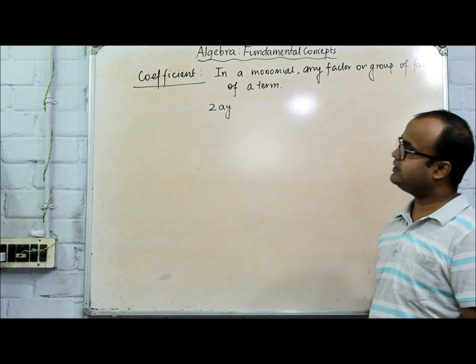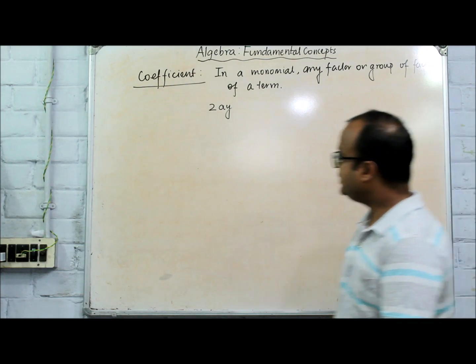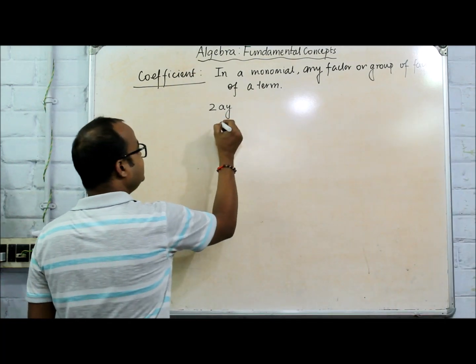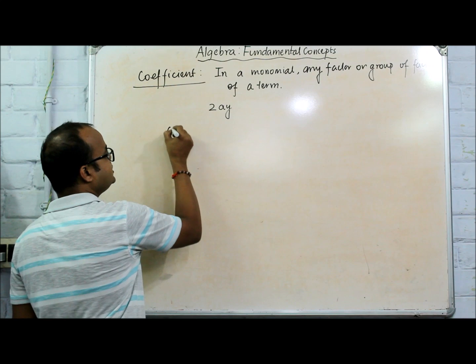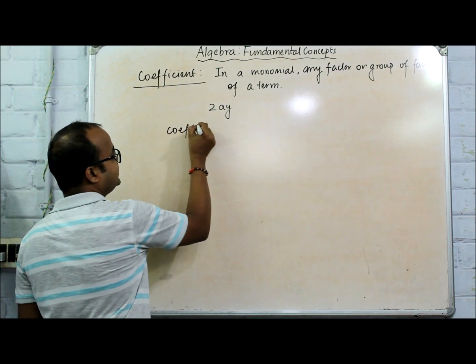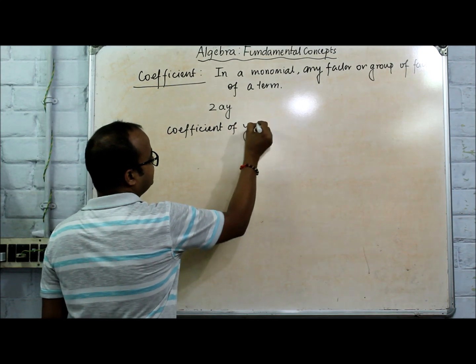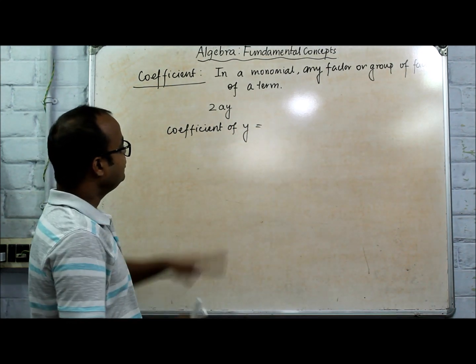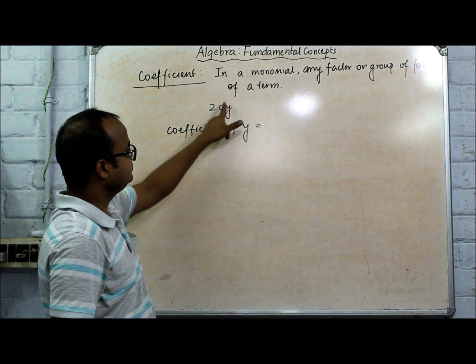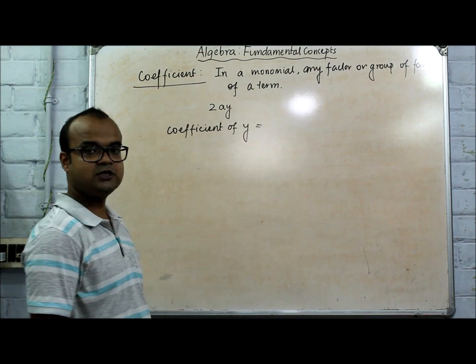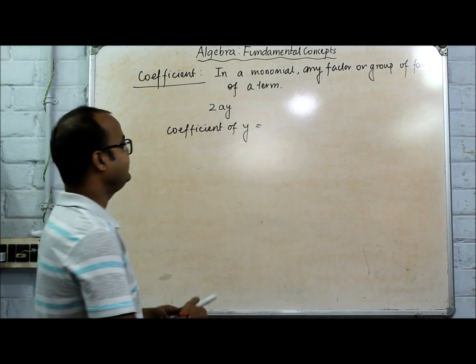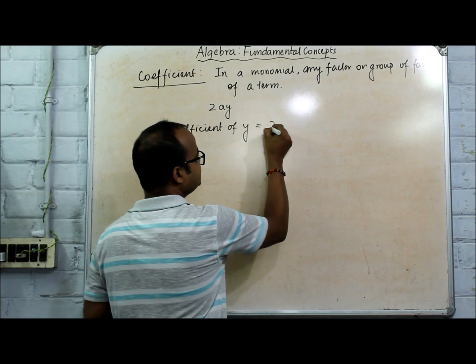Suppose a term is given as 2ay. Now if the question is what is the coefficient of y? Hide this y. What is the term left here? 2a. So we say the coefficient of y is 2a.